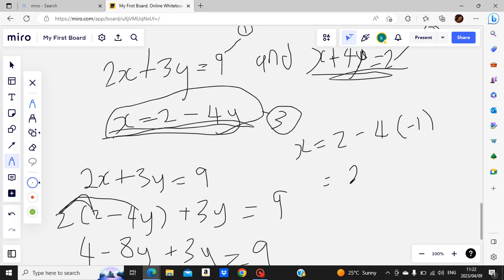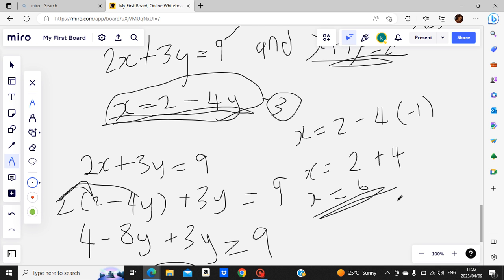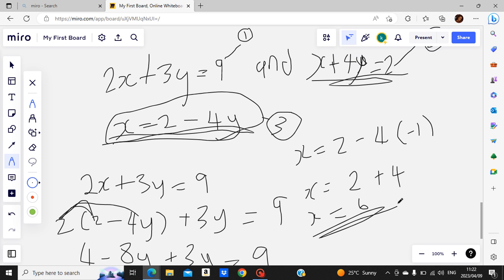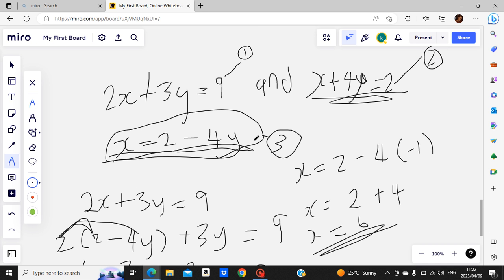What is minus 4 times minus 1? Plus 4. So meaning x will be 6, right? Perfect.